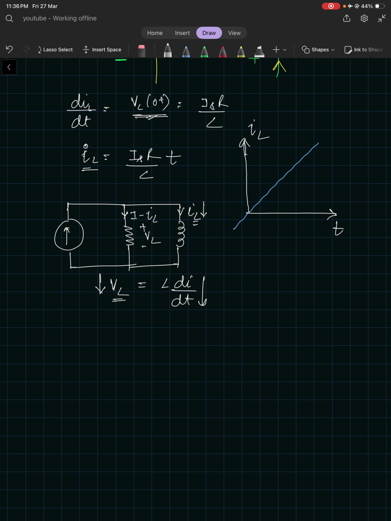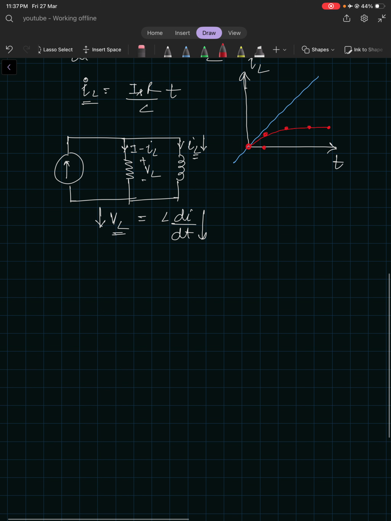So at some different point it will go like this, and then again like this, and again like this, and after some time it will become constant, like this, right?